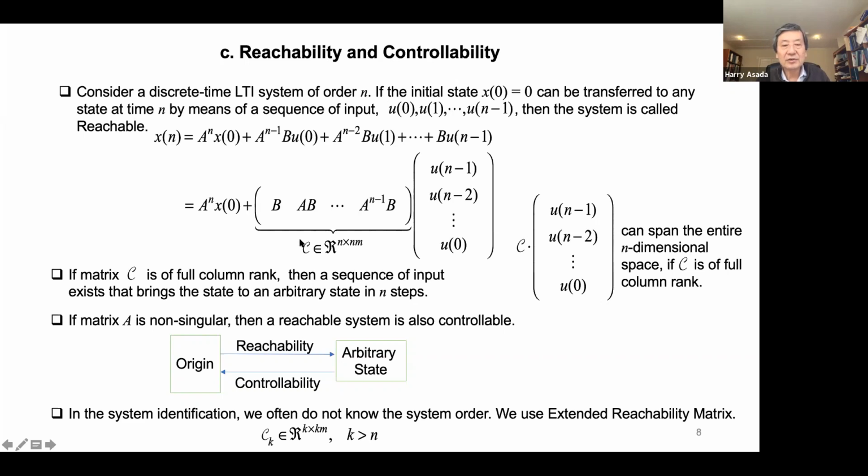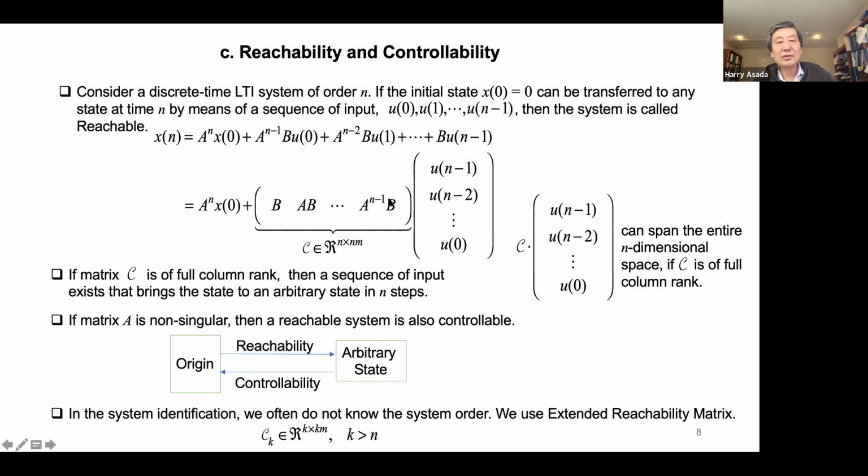This matrix is replaced by C. Matrix C is called the reachability matrix. It means that the initial state x naught can be transferred to any state at time step n by means of a sequence of inputs u0, u1, up to u n minus 1, if this matrix is full rank.